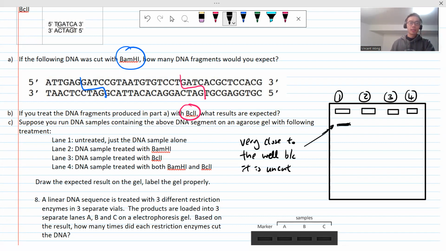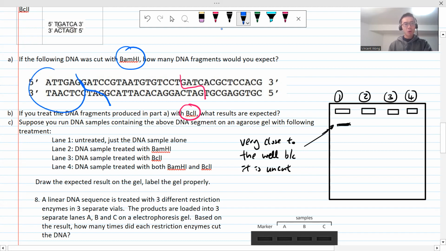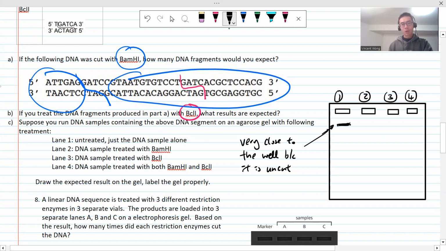Number 2, DNA sample is treated with BamHI. Okay, so just the blue, right? Just the blue cut, not the red cut. You just have a cut right here. So you have a small fragment and a long fragment. Okay. So the long one is not as long as the uncut, but it's still pretty long.